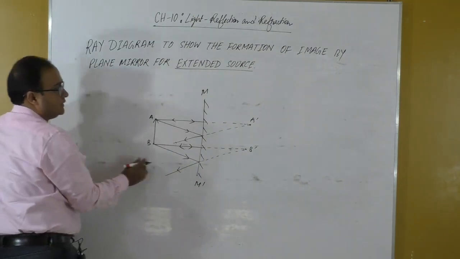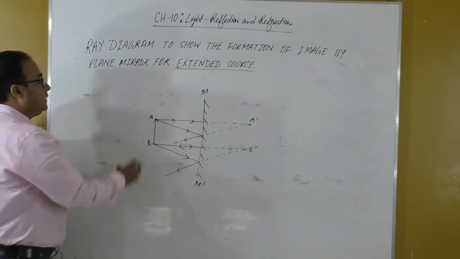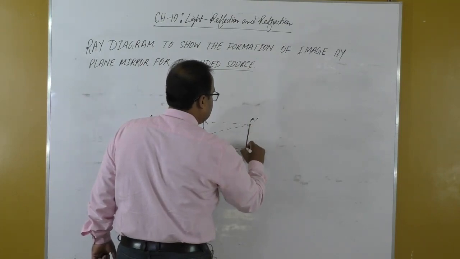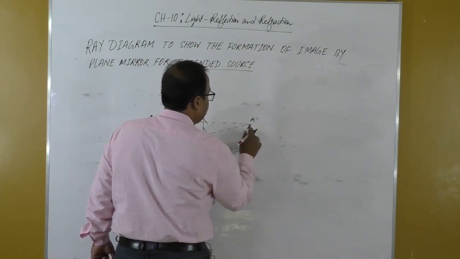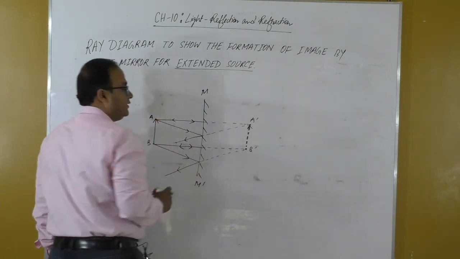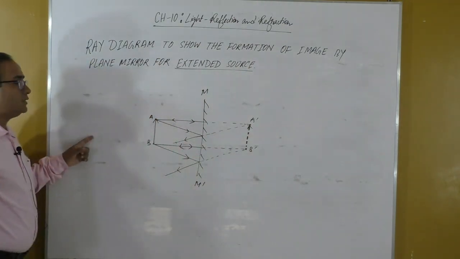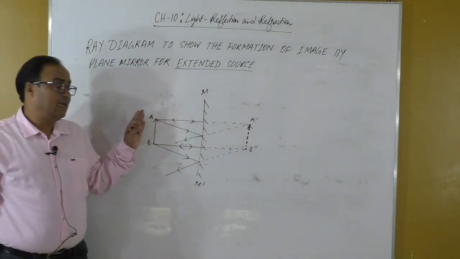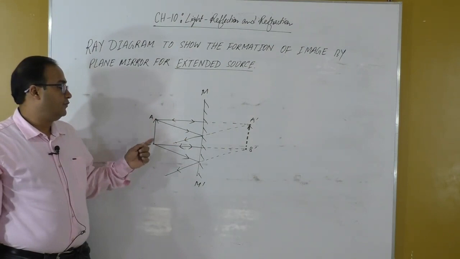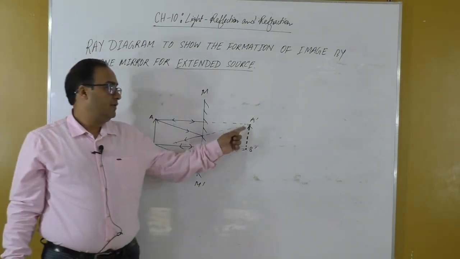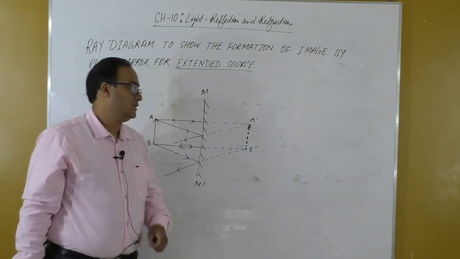So both the light rays get reflected. So AB is the object and A dash, B dash is the image. Since it is a virtual image, you can use a dotted line to represent the virtual image. So this is the plane mirror, this is the extended object, and we have drawn image for the topmost and bottommost point, and we have drawn the complete image like this.